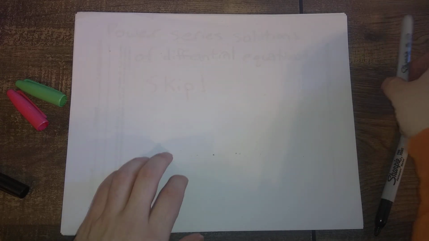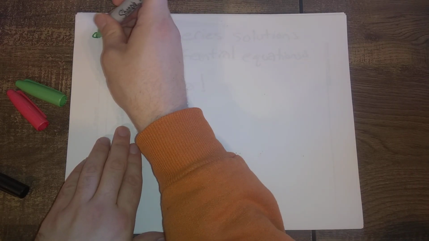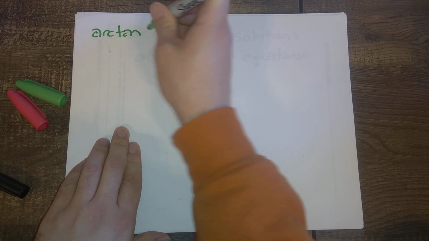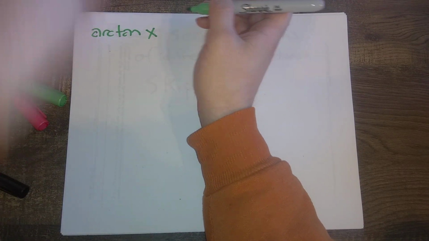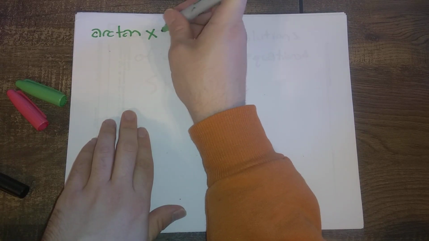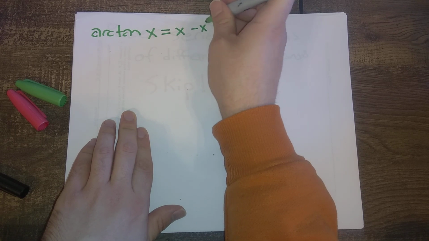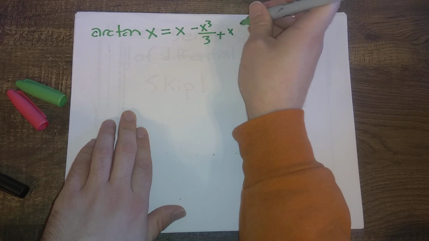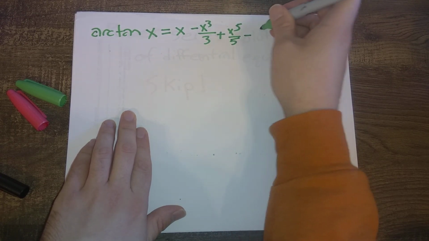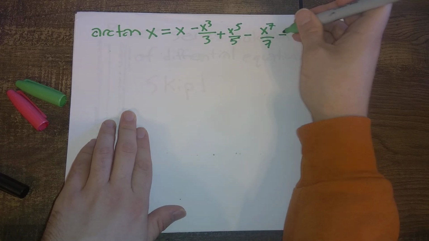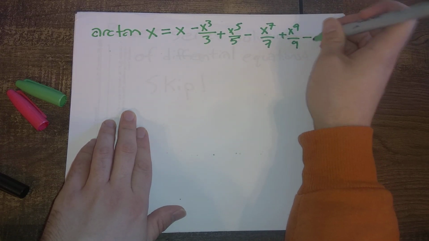And so to finish this off, our formula is arctangent of x is equal to x minus x cubed over 3 plus x to the 5th over 5 minus x to the 7th over 7 plus x to the 9th over 9.